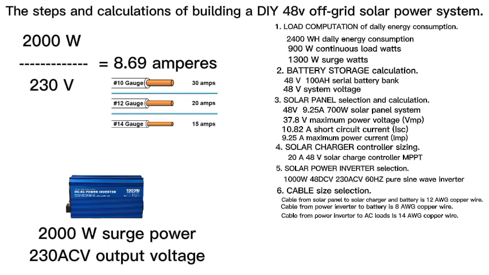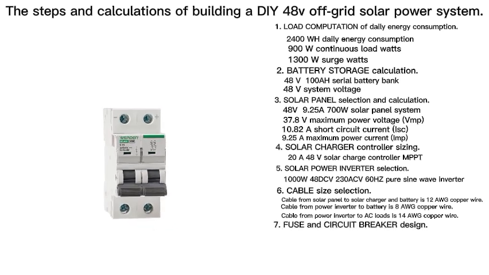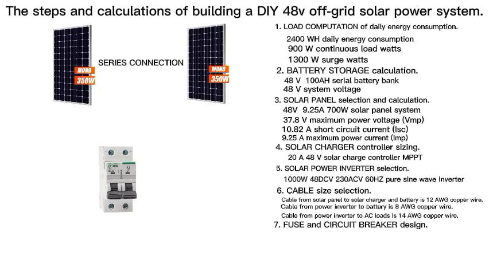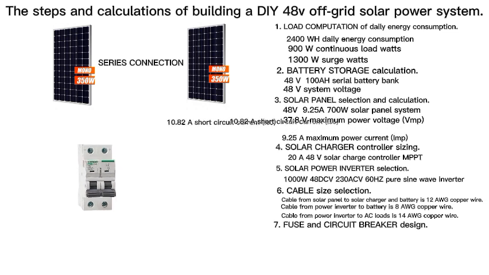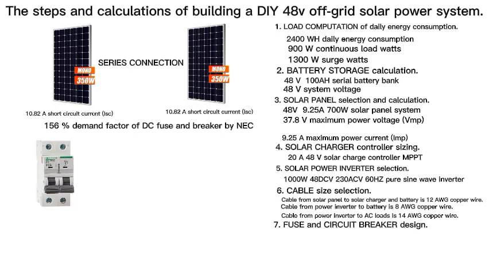We go now to step 7, fuse and breaker design. Our 2 solar panels are series connected and have a similar short circuit current of 10.82 amperes ISC. According to NEC, DC fuse and breaker size has a 156% demand factor.